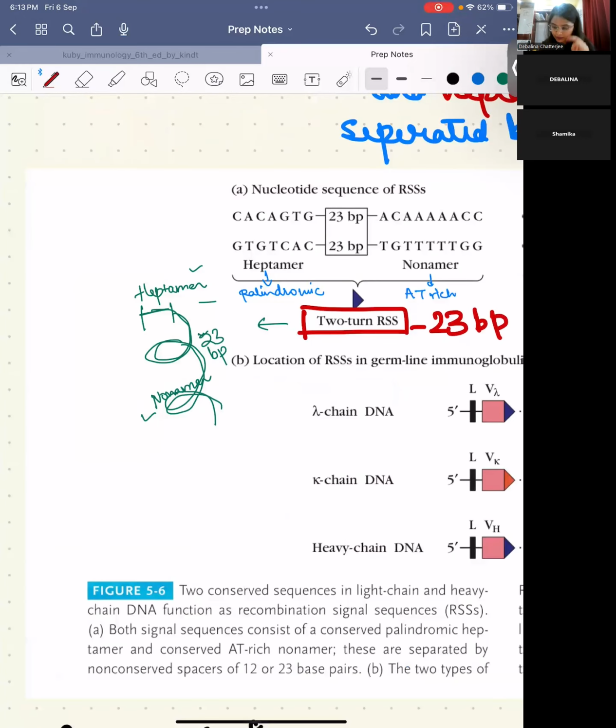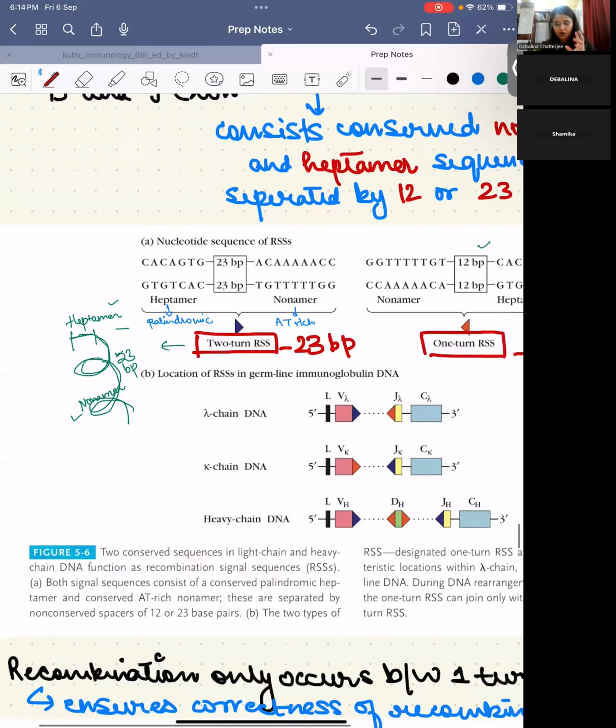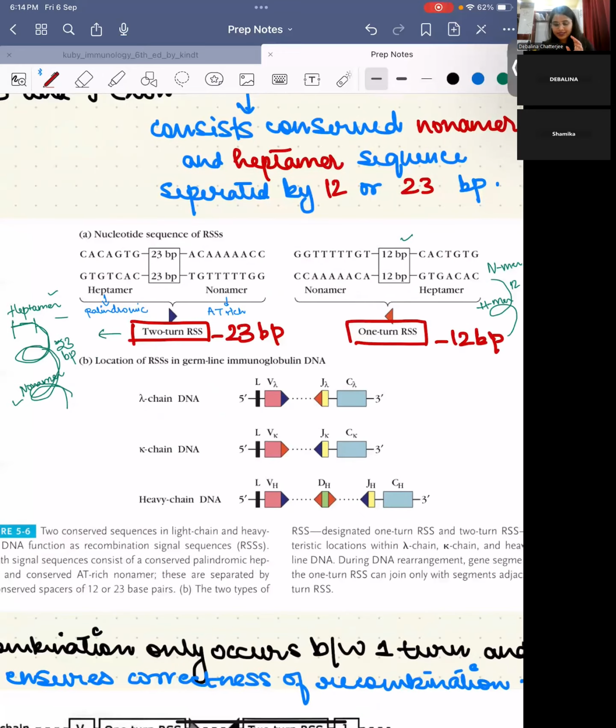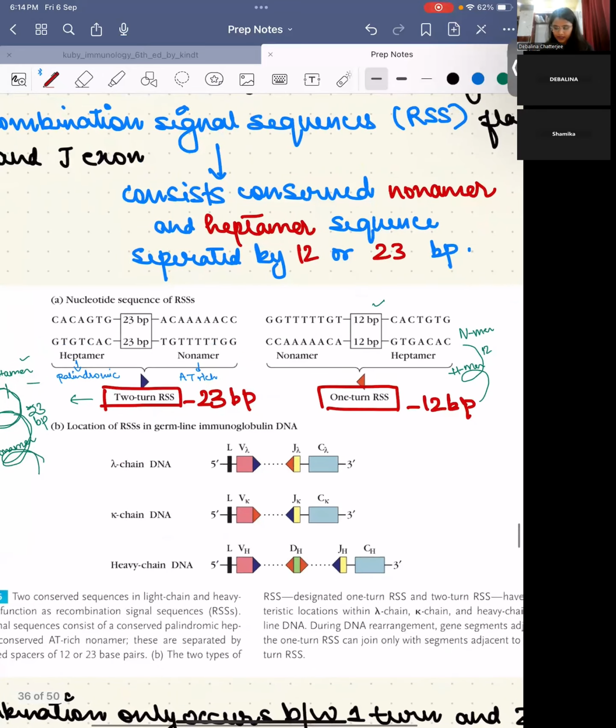And if there are 23 base pairs in between the nonamer and heptamer sequences, the DNA actually gets a chance to complete two rounds, two turns. So that's why they are called one-turn or two-turn recombination signal sequences.